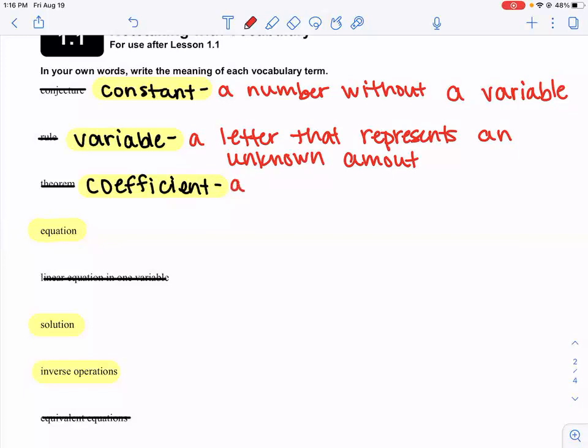is a number, but where is this number? It's in the equation. It's a number in front of a variable.